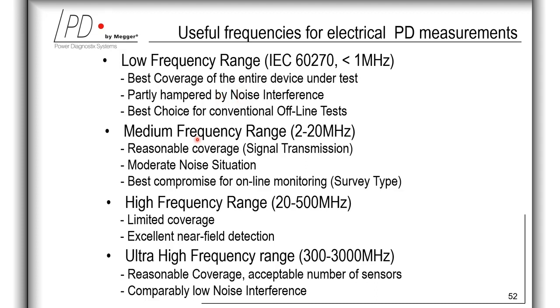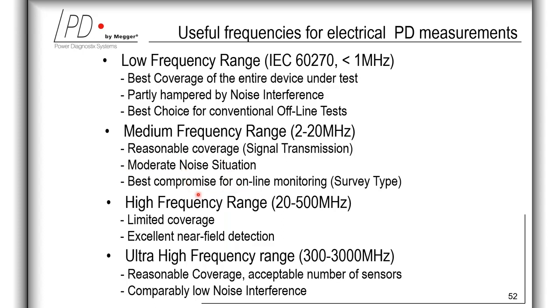mostly sufficient. For the frequency range between 2 to 20 megahertz, you still have reasonable coverage, and this range also provides the best compromise for online monitoring, and the noise situation in this range is moderate.